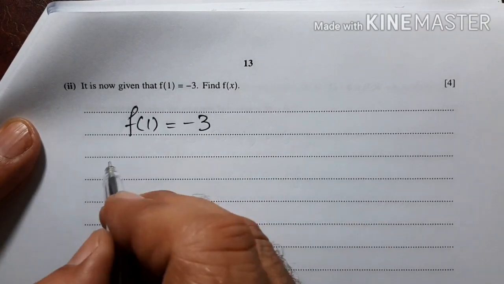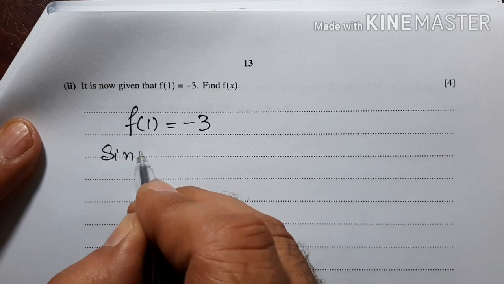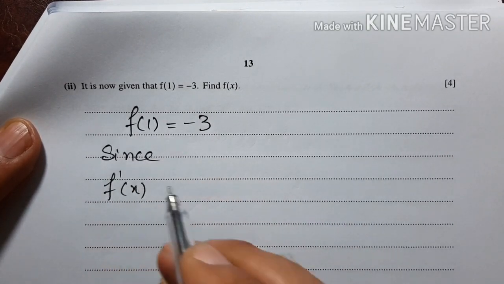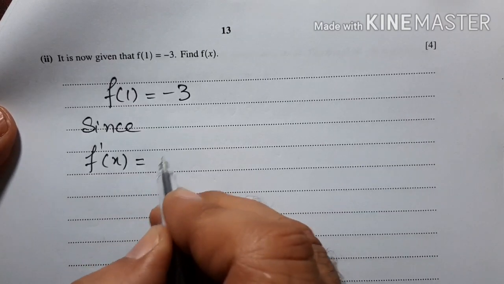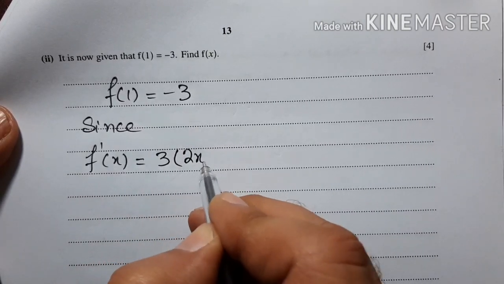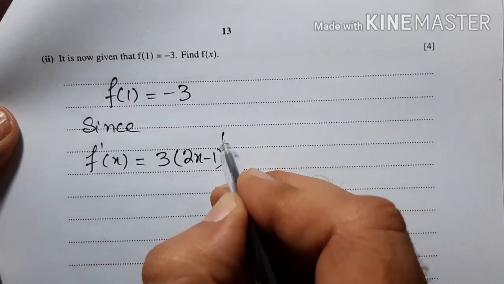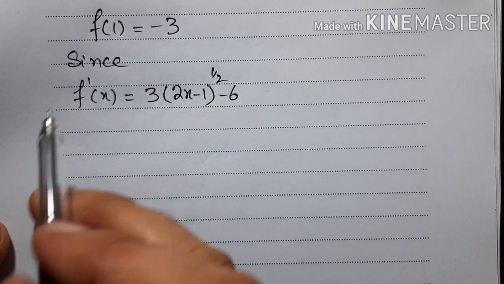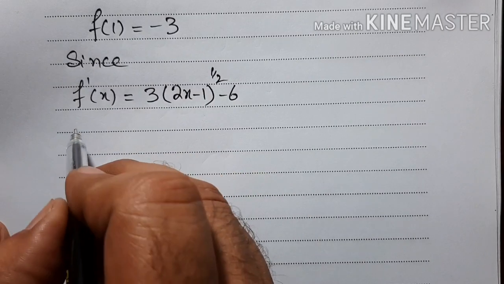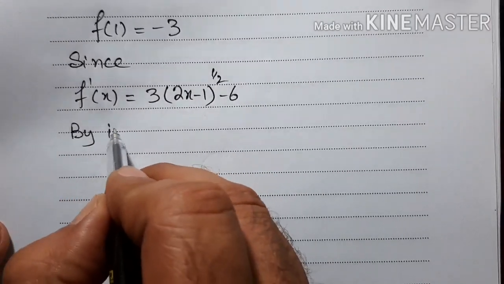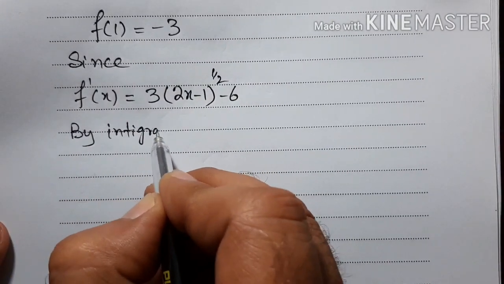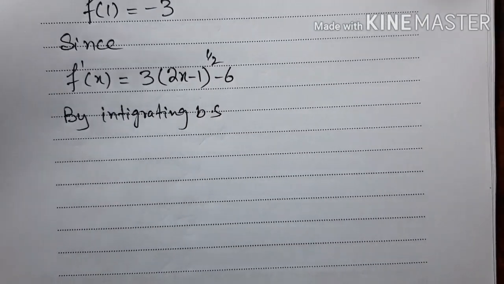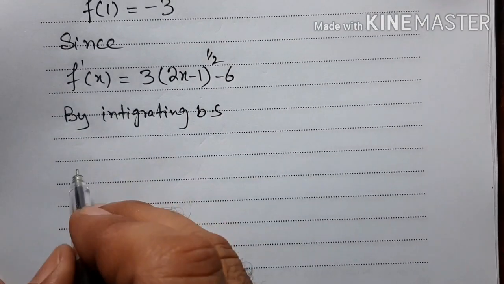So since f dash x is equal to 3 into 2x minus 1 power 1 by 2 minus 6, therefore by integrating both sides, I'll need to take the integration so that I can get fx.